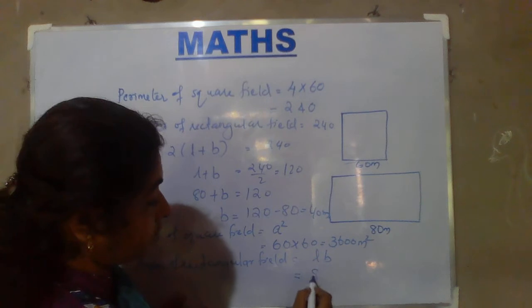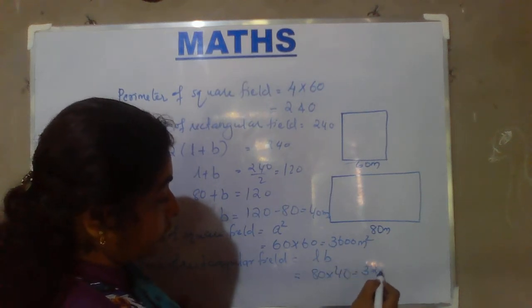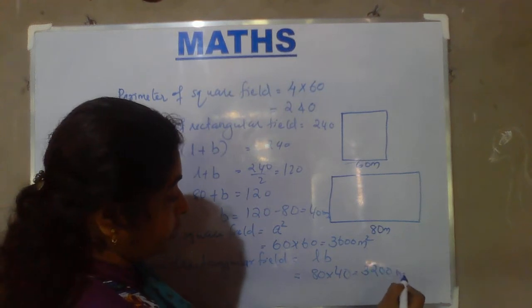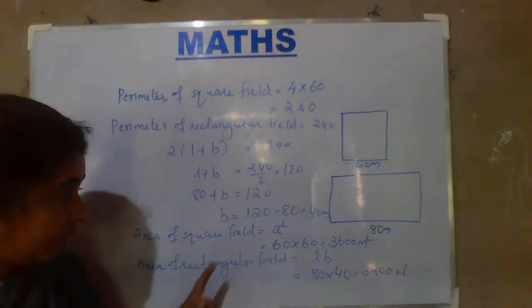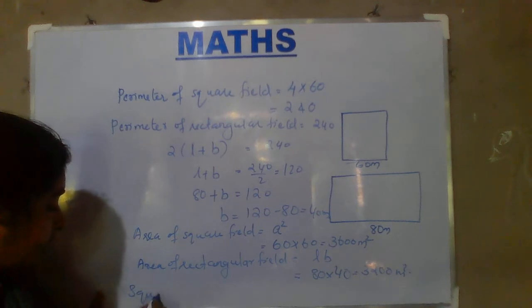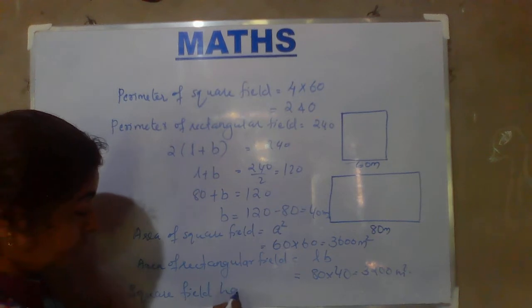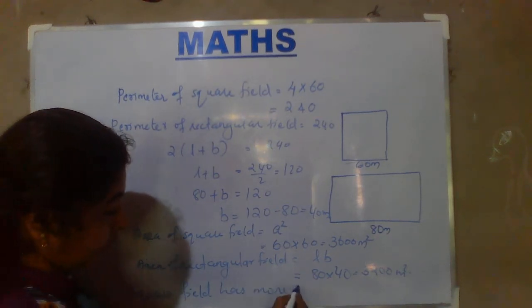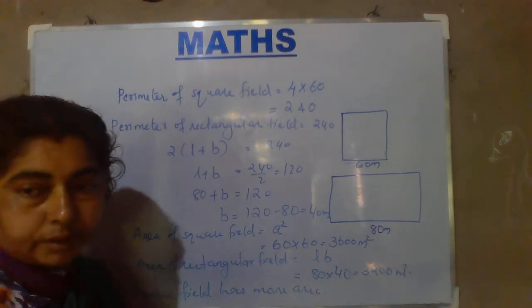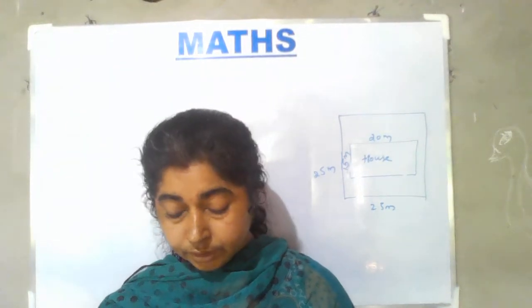So here length is 80 meter and breadth is 40. That is 3200 square meter. Then which field has more area? The square field has more area. You got it.